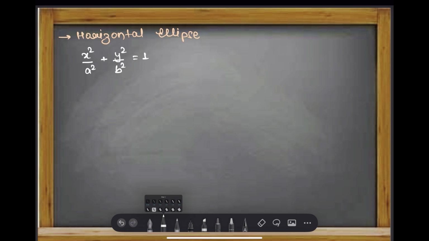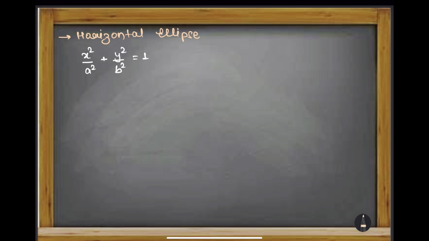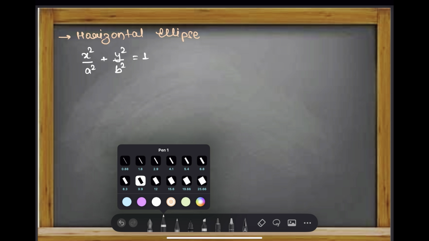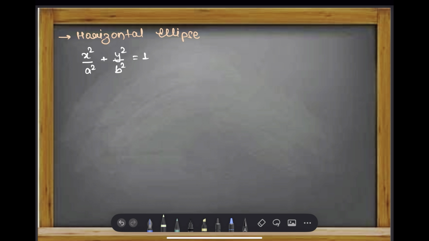Suppose that if you will have a curve equation which will look like this: x square by a square plus y square by b square equals to 1. So if you will fall under this case, okay, so this is representing ellipse. Okay, or you have to convert every question into one of this form.